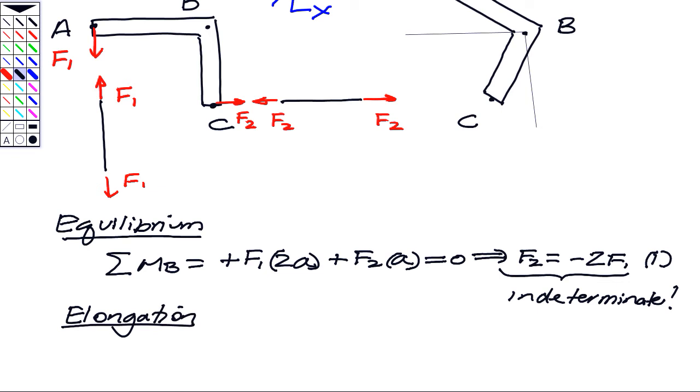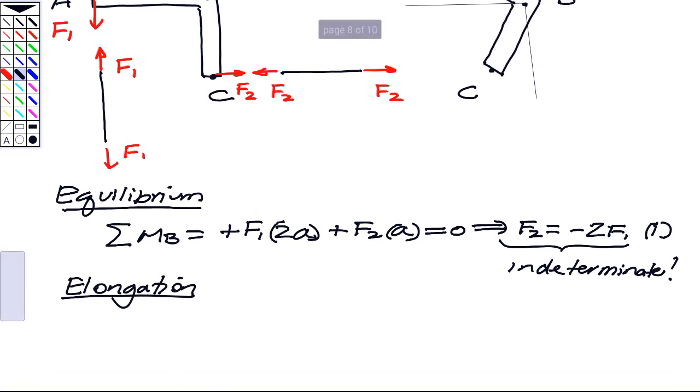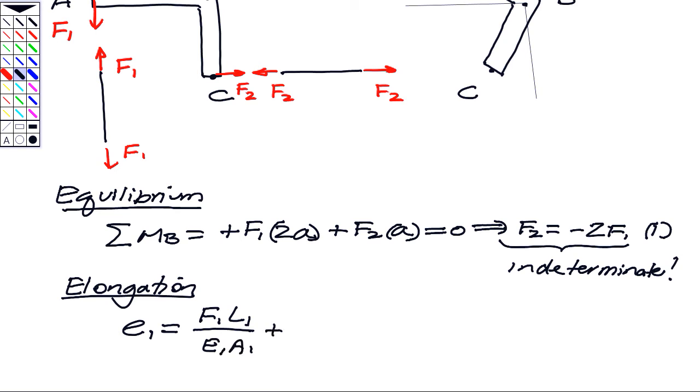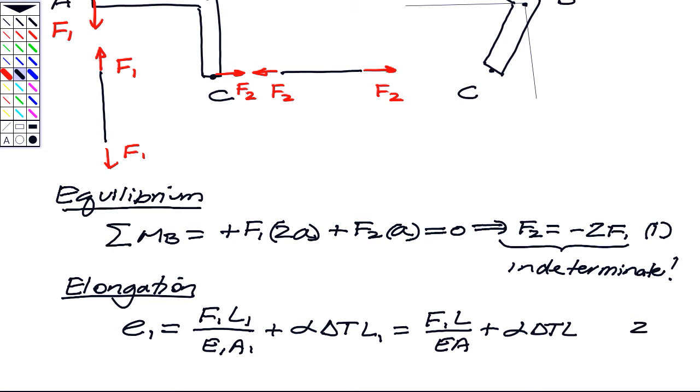So our elongation equation for segment 1 is going to be F1L1 divided by E1A1. That's due to the axial load. Due to the change in temperature of delta T, that's going to be alpha delta T L1. And so this becomes F1L, that's the length of 1, divided by EA plus alpha delta T L. So this is equation 2.